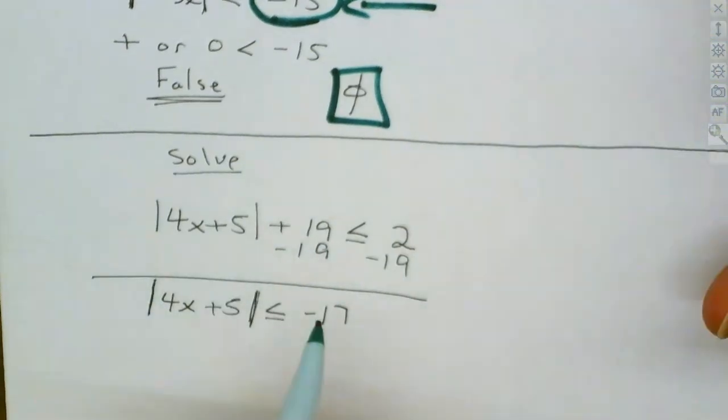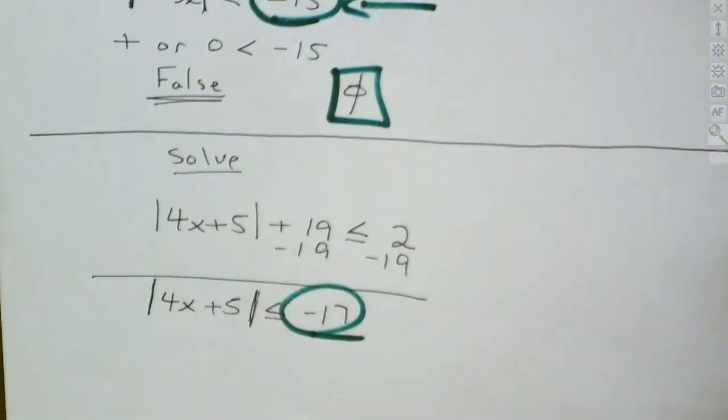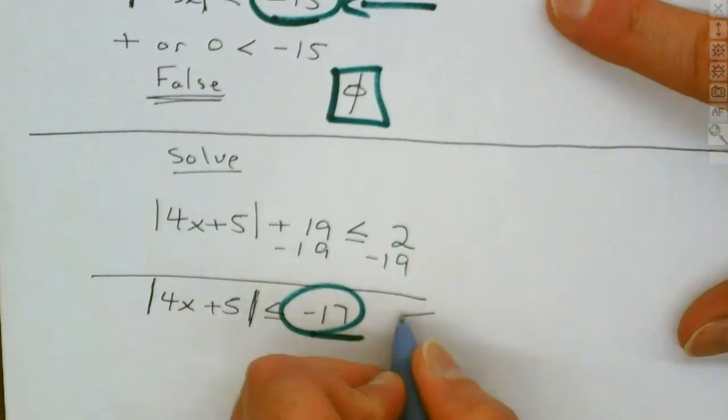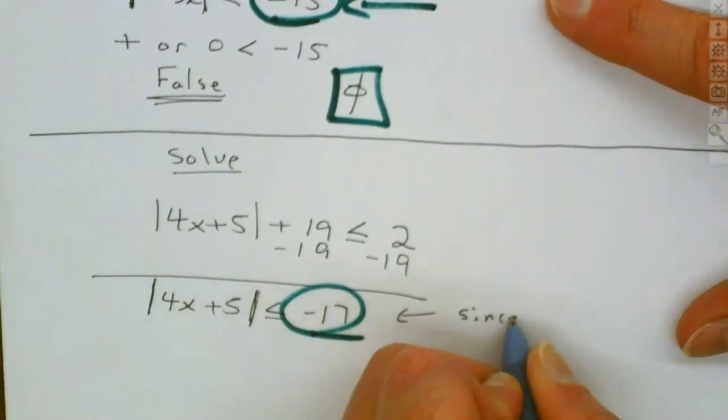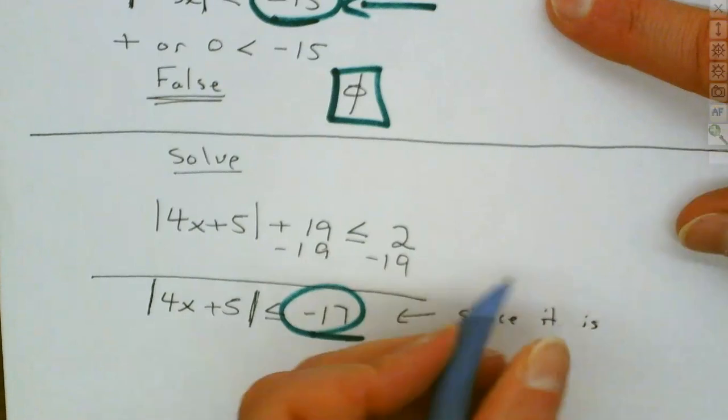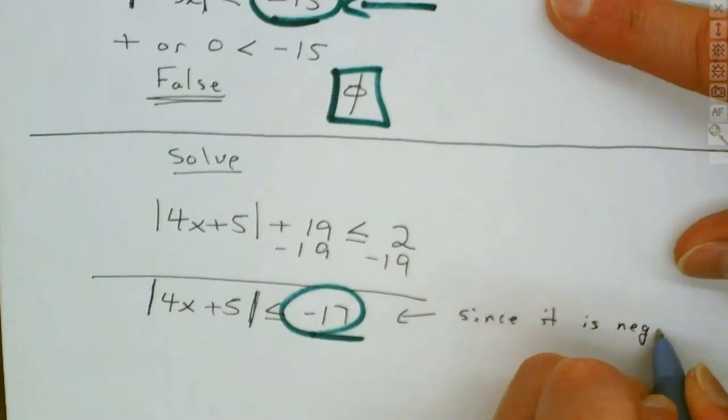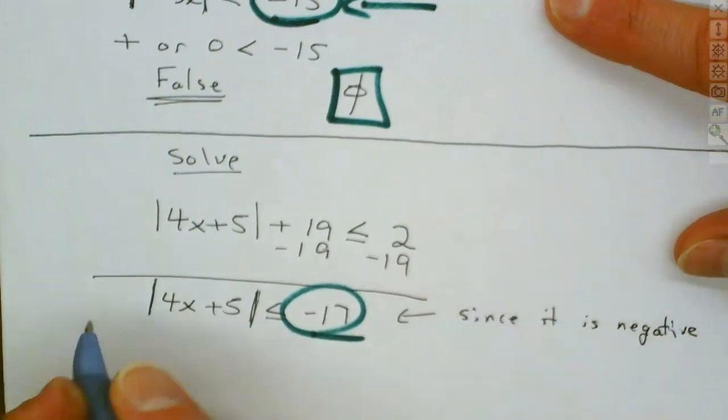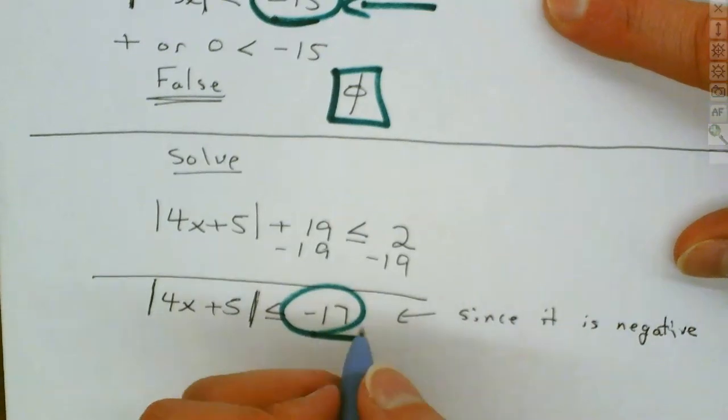And again, what do we know? This is negative, and since it is negative, it is either going to be true or false.